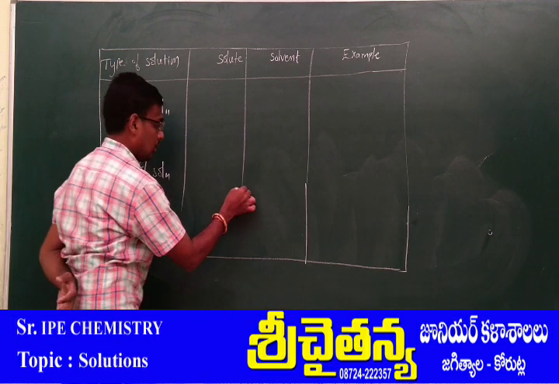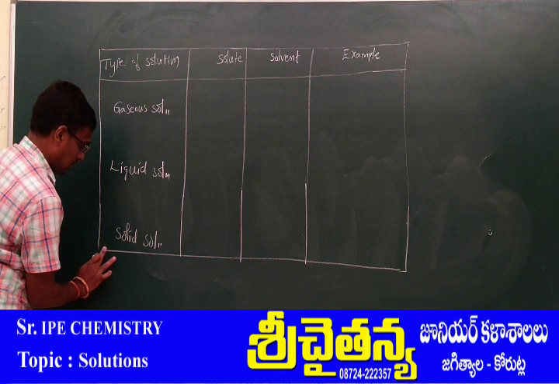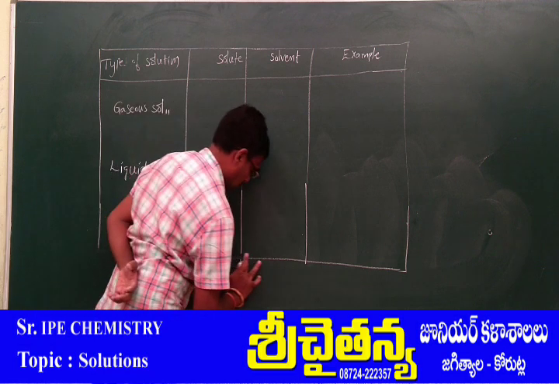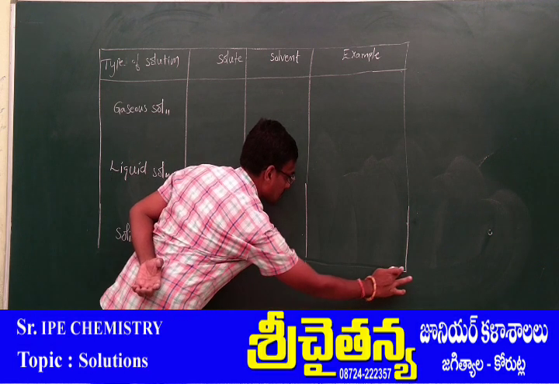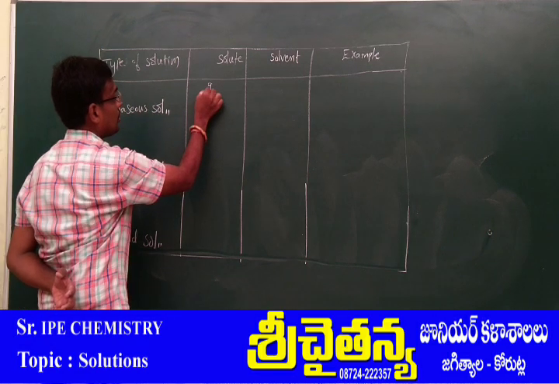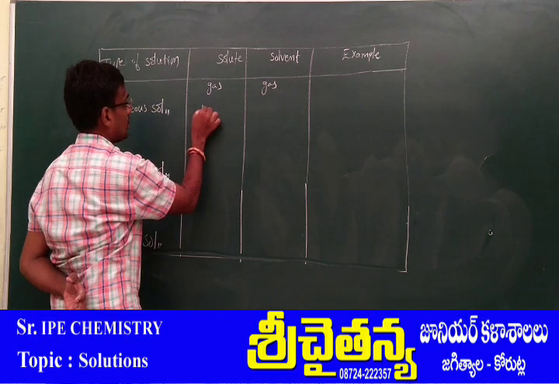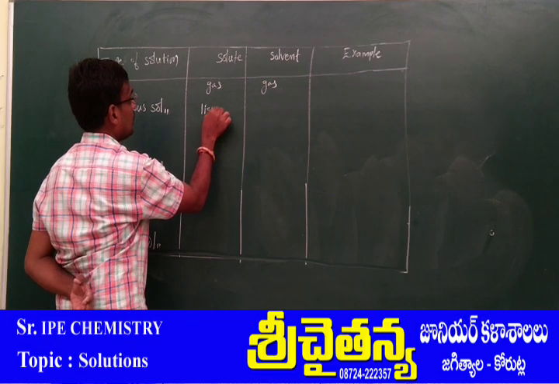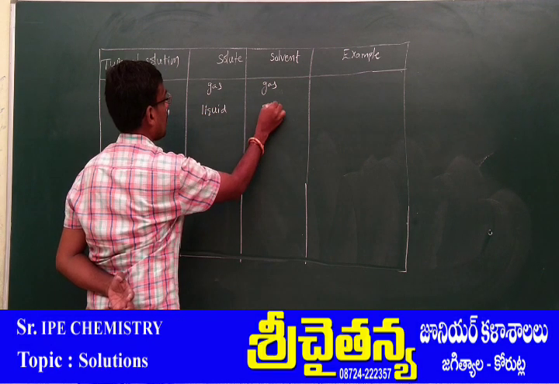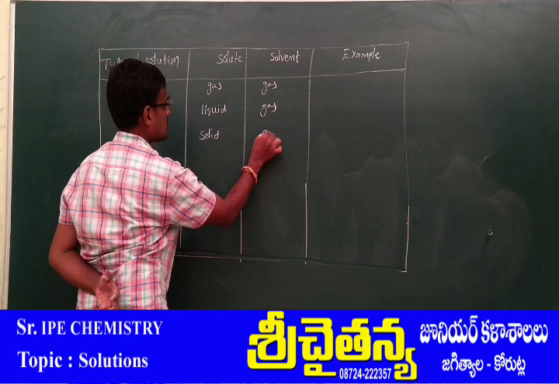Gaseous solutions are again of three types. One: solute is gas, solvent is also gas. Two: solute is liquid, solvent is gas. Three: solute is solid, solvent is gas.